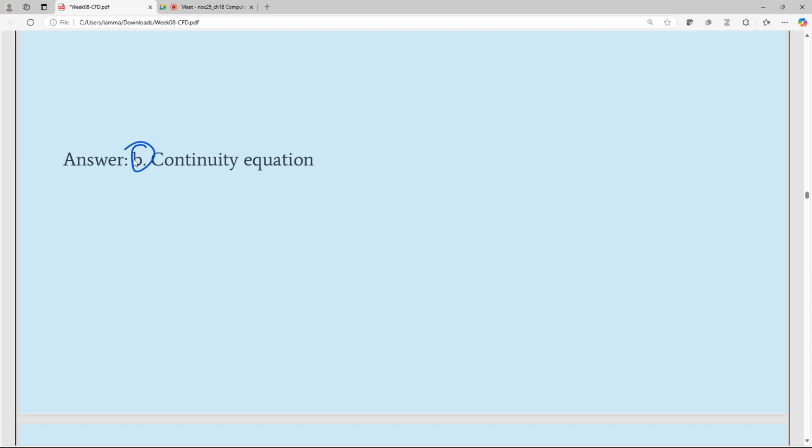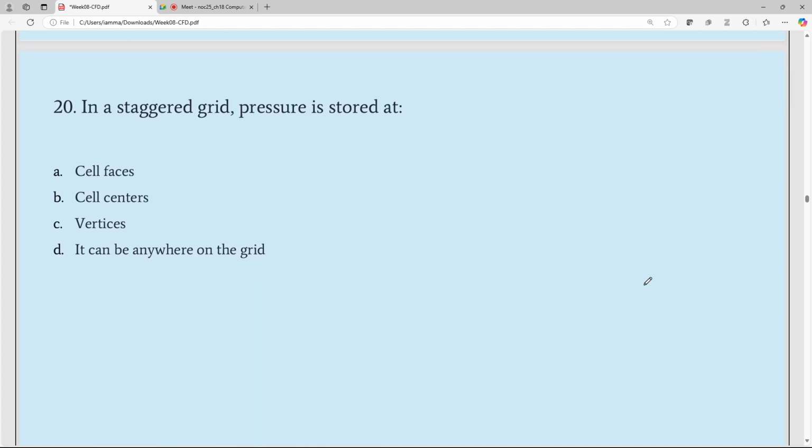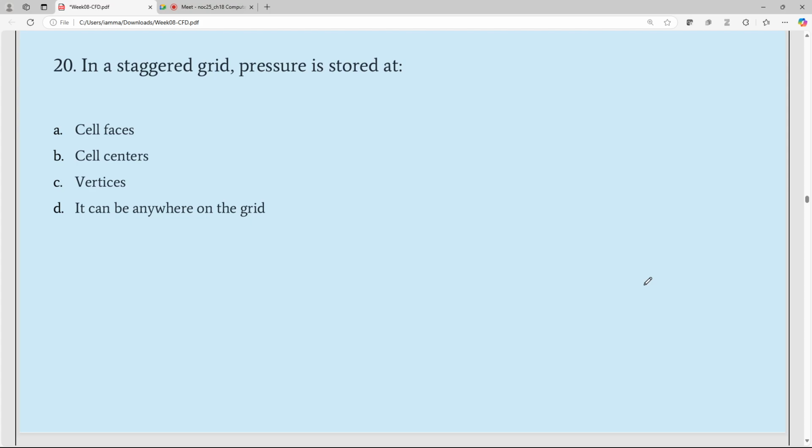The equation is mostly taken from the continuity equation. Moving on to next question.